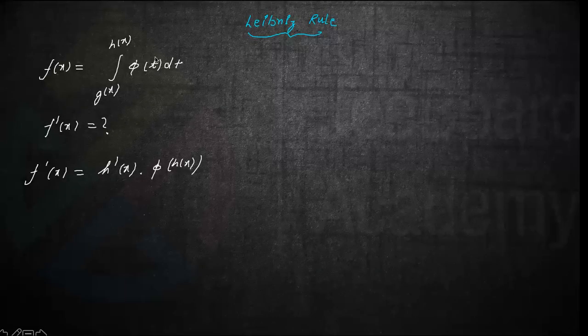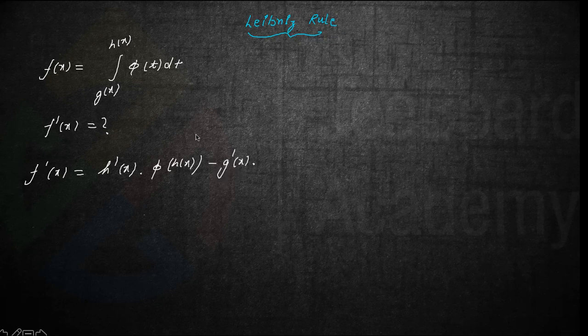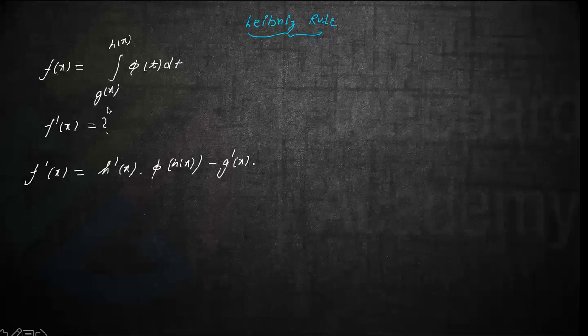It's phi, not constant, it is a function of t, just like f of x, similarly phi of t. Now we have done h dash x and phi of hx minus. Now similarly we'll have the derivative of the lower limit into, you will substitute this in the function, that is phi of gx.